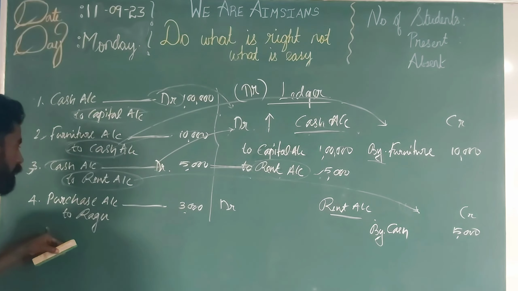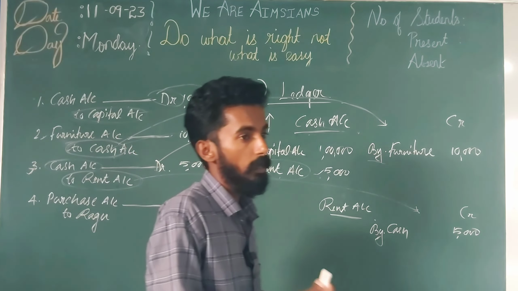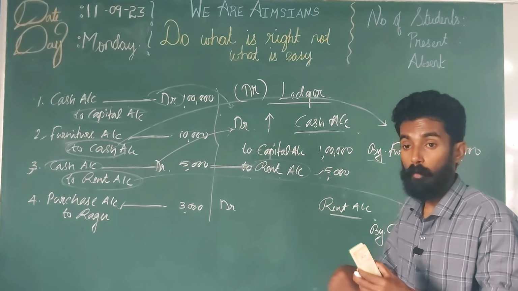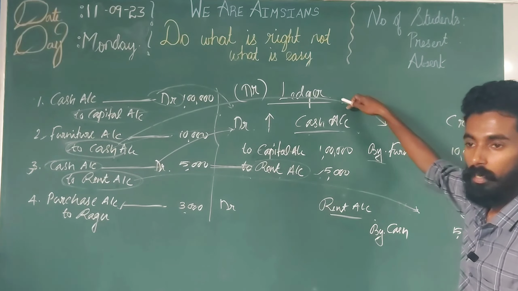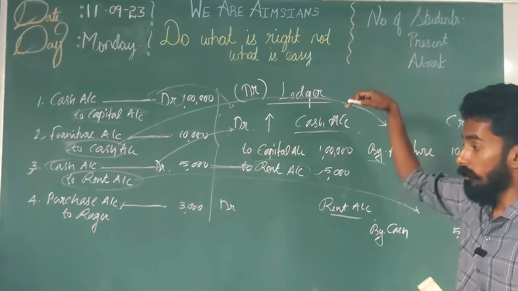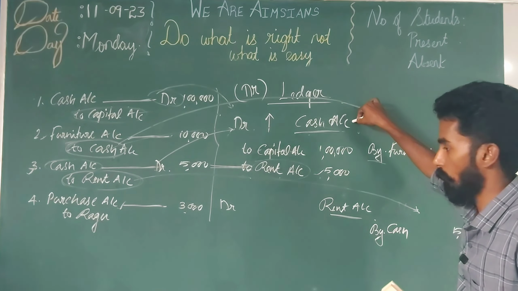Ready? The last one is purchase to Raghu. So these journal entries are going to affect how many accounts actually? One is purchase account. Now we are not preparing it, but you have to prepare the purchase account. But at the time of preparing the cash account, no need to take this journal entry into the cash account, because these entries are not going to affect the cash account.